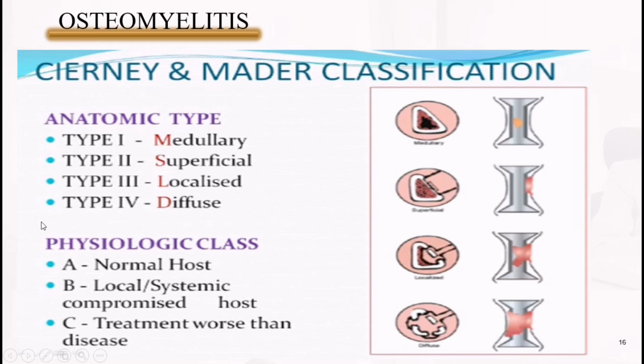So we have anatomical type and physiological class. For anatomical type, we have the mnemonic MSLD: type 1 medullary, type 2 superficial, type 3 localized, type 4 diffuse. Then physiological class, we have A for normal host, B for local or systemic compromised host, then C for treatment worse than the disease.